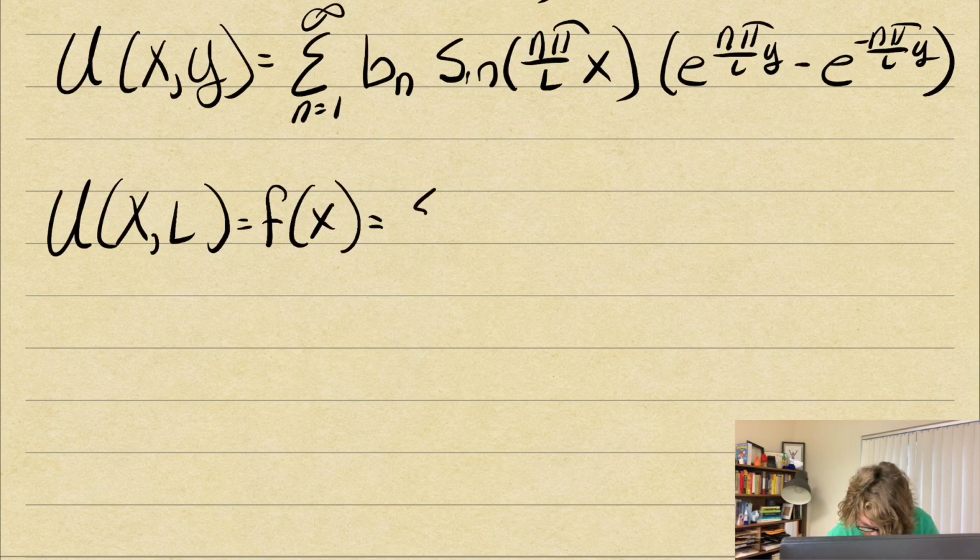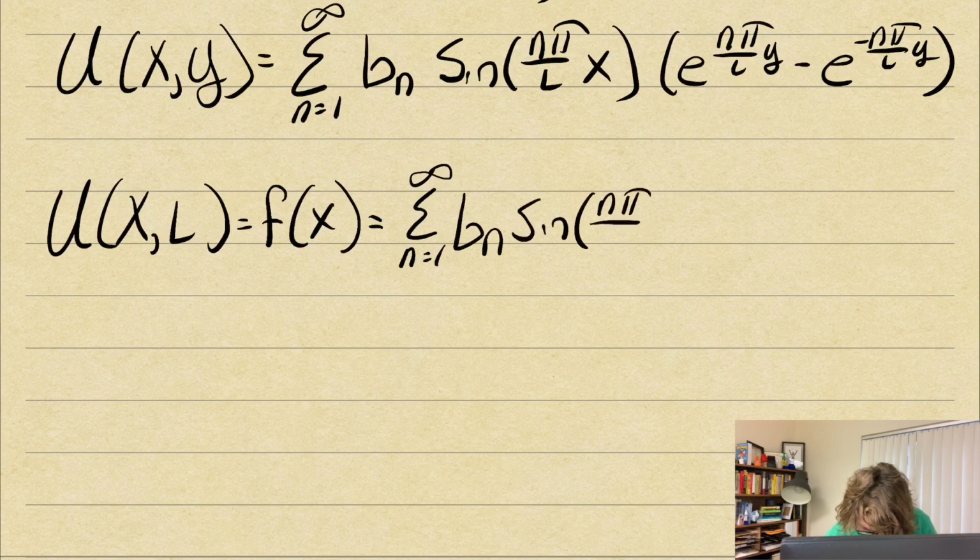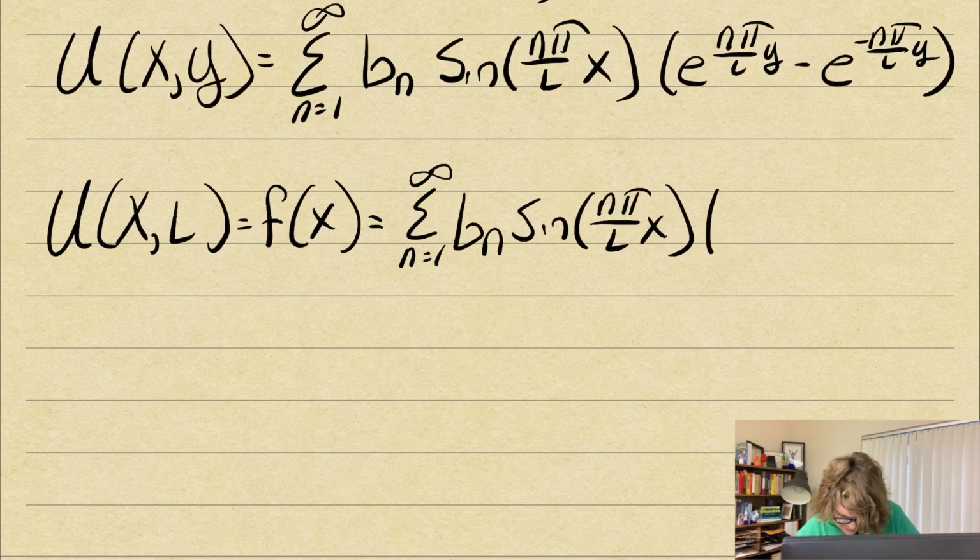So this is going to be the sum from n equals 1 to infinity of these b sub n's times sine of n pi over L times x times, here we're plugging in L for y, so we'll have e to the n pi minus e to the negative n pi.